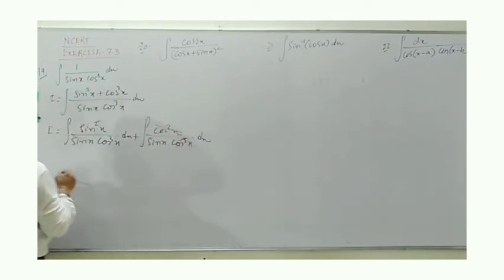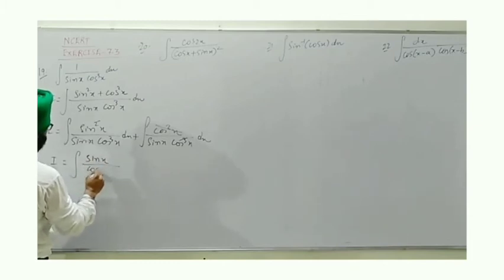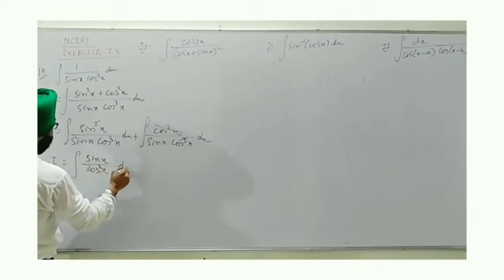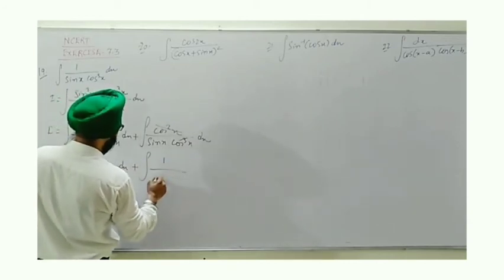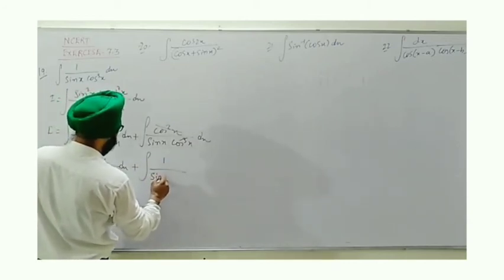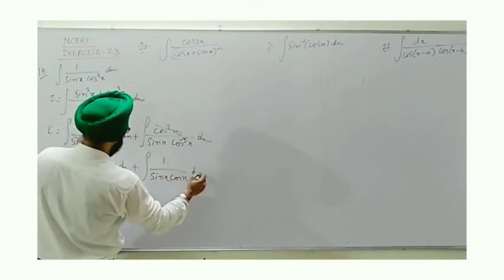Now finally we have sin x upon cos cube x dx plus, here we are left with 1 upon sin x cos x dx.